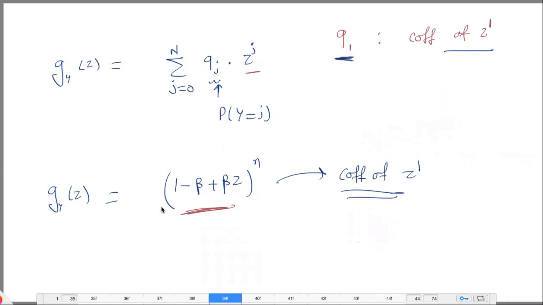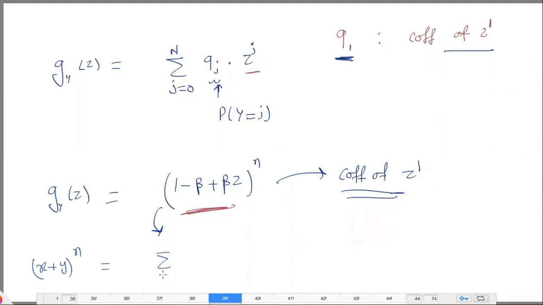Now, can you tell me what is the coefficient of z power 1 here? I think you have already done this from combinatorics, right? Do you remember how to get the coefficient of z power 1 from here? Let me just write the general formula if I remember it correctly.